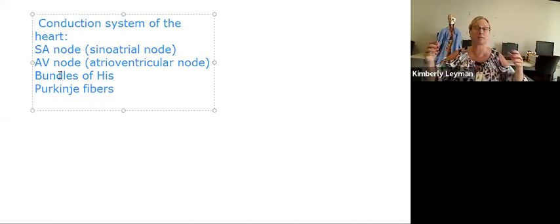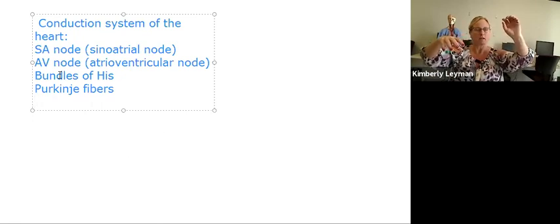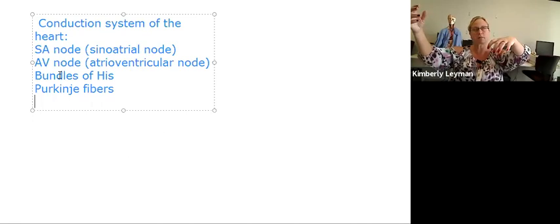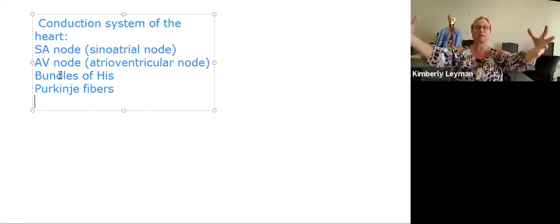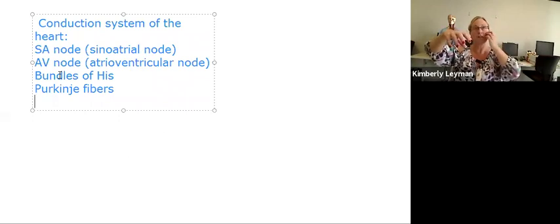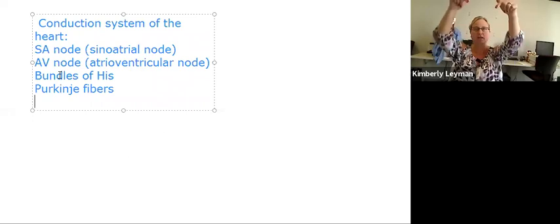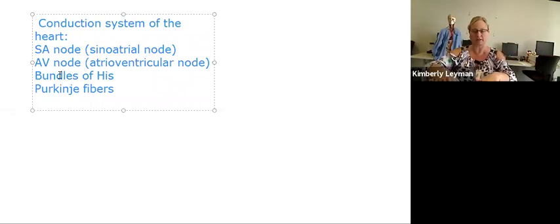These are happening simultaneously. So both atria are going to fill with blood. The vena cava is going to bring the deoxygenated blood, and the pulmonary vein is going to bring the oxygenated blood, and they're going to fill up the atria. Then they're going to get stimulated through the AV node, and they're going to contract at the same time, and the blood is going to go down to the ventricles.